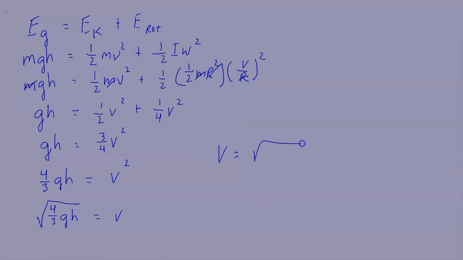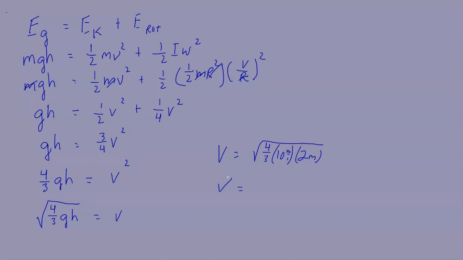All right, so time of reckoning here. 4/3 times 10 times height of 2 meters. And do I get 5.2? Drum roll, please. So 20 times 4. Oh yeah, it's looking good.